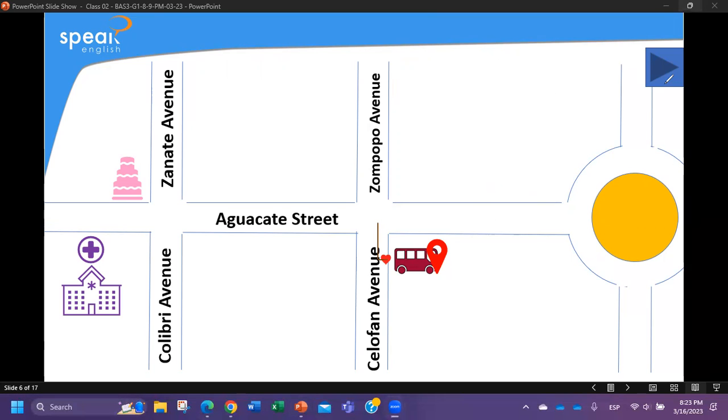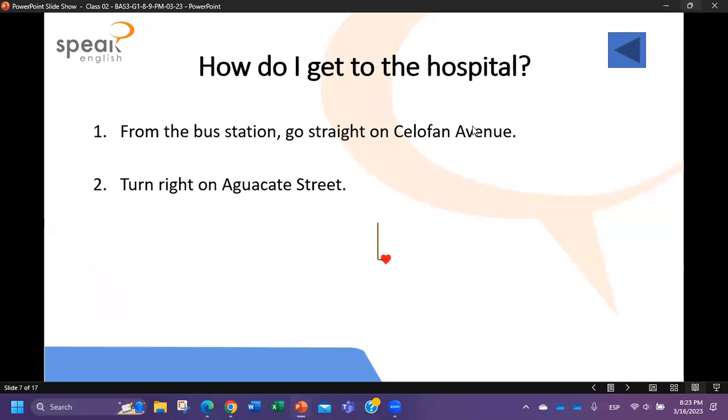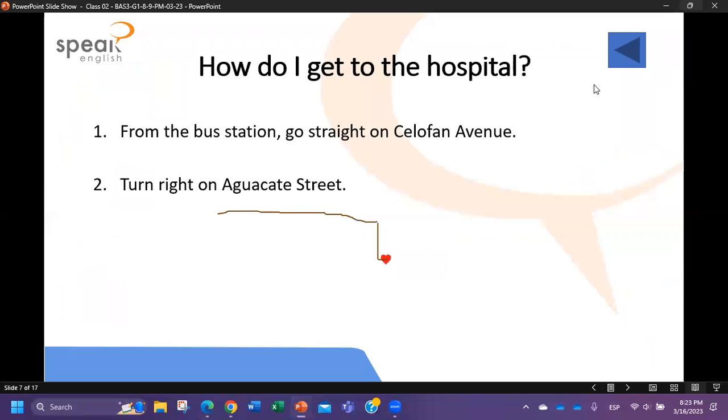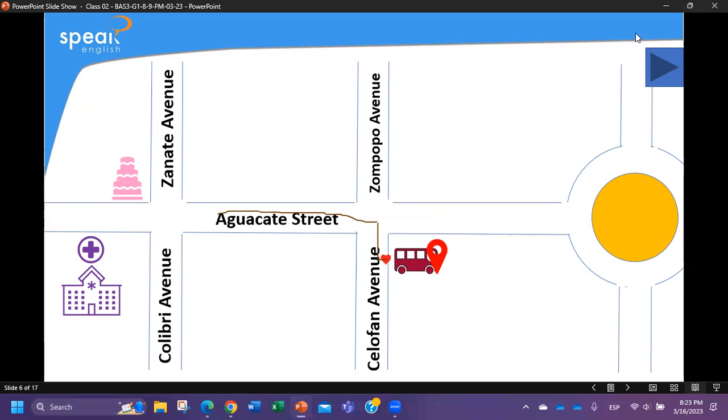Next. Turn right on Aguacate Street, okay? So we continue walking on this specific place. All right, but I don't know how much I'm going to be walking. From my point of view, I think that maybe it could be, let me see.